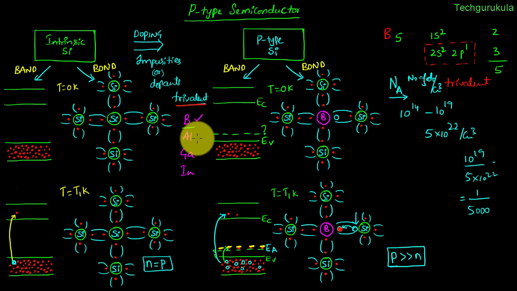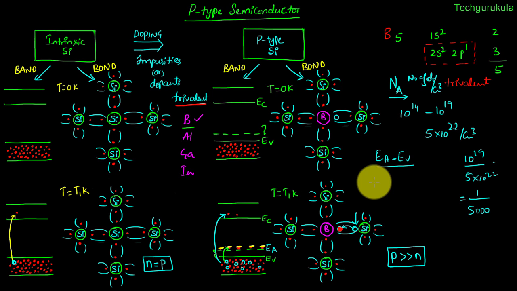What if we added other elements like aluminum or gallium or indium to form this p-type semiconductor? In that case, the only difference would be the energy level EA introduced in the energy band gap. So we can call this the EA minus EV energy level. This value would be different for different doping that we do.